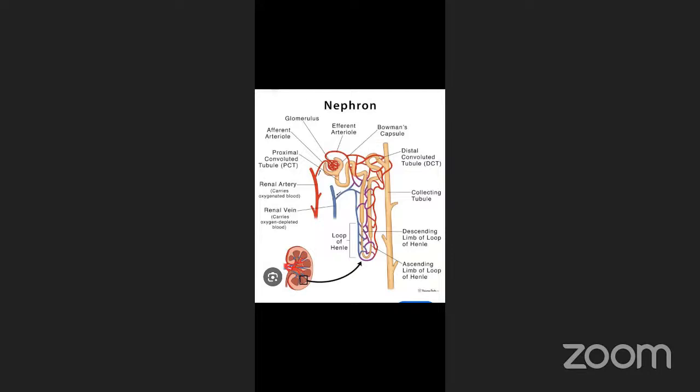All the necessary substances have been reabsorbed back to the blood system: all glucose, all amino acids, the vitamins, mineral salts, and some water and some salts, depending on the osmotic pressure of the body. The only substance which has not been reabsorbed and which has to be removed is urea.